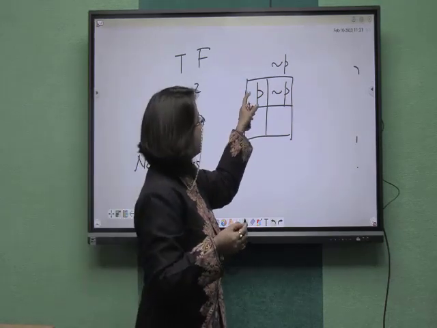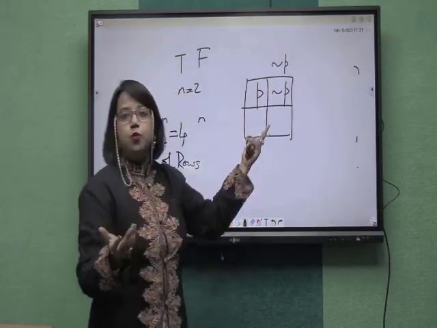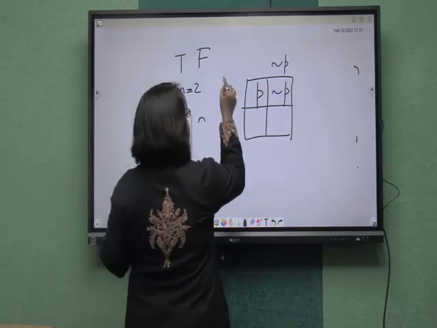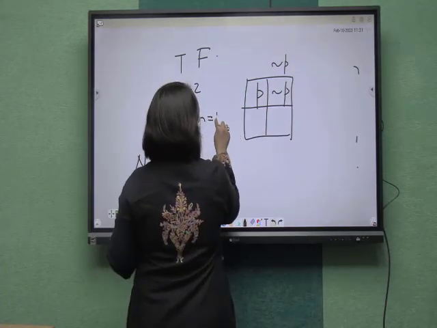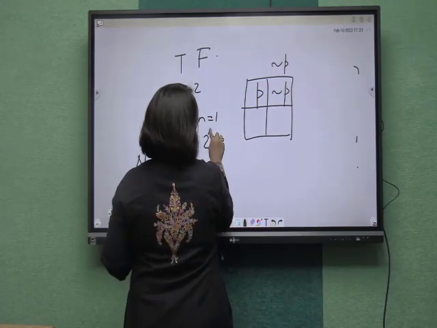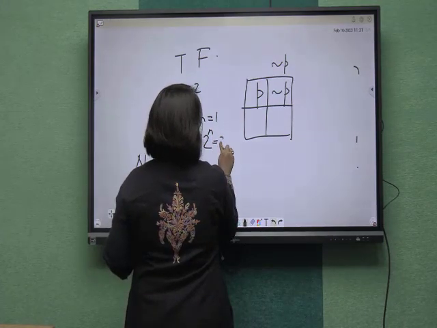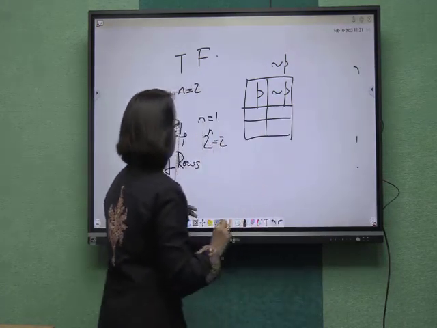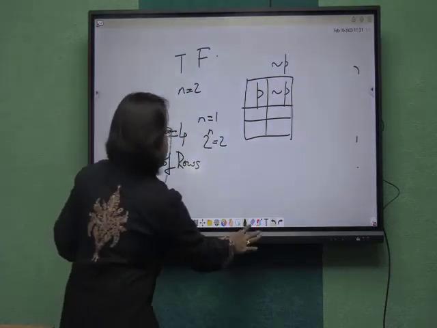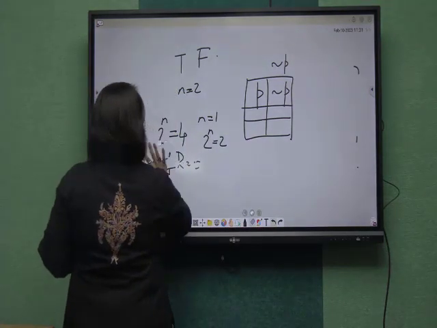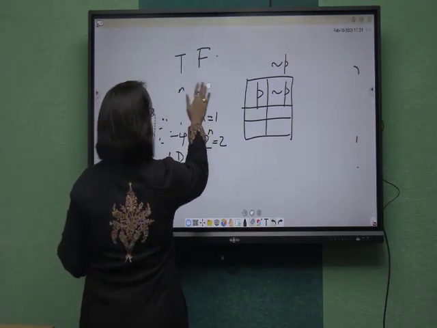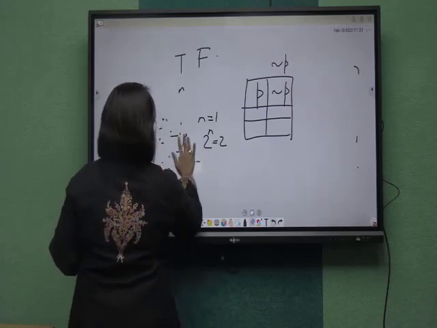So here the parts are P, and of course negation P is what we're trying to represent. So the number of variables here is going to be 1. So as per the formula, it's 2 to the power n, therefore it is 2. So we have 2 rows in this particular table. Okay.